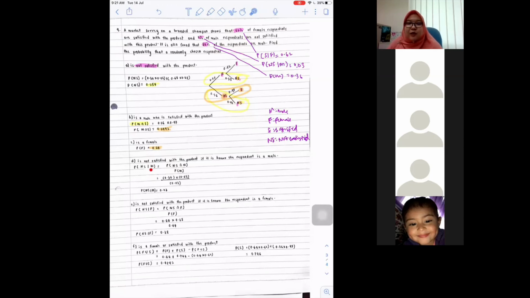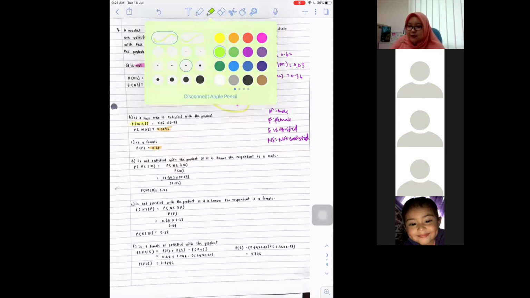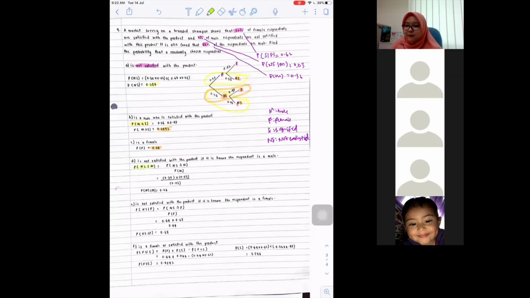Next, not satisfied given that it is known that it is a male. Green here, not satisfied given that it is a male. I think this is straightforward. I don't know why they ask it. This is not satisfied given male, satisfied given male, this is the branch.